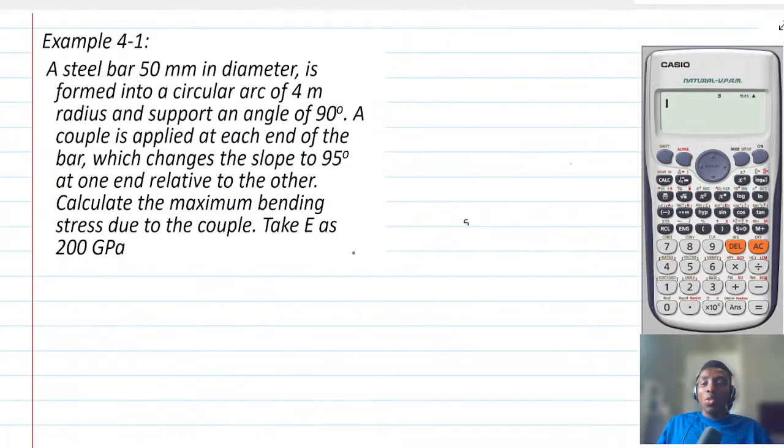All right, so here you see that you have a steel bar which is 50 millimeters in diameter, and this steel bar is formed into a circular arc of 4 meters.